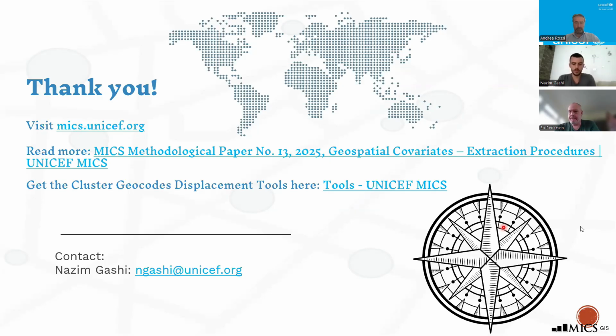Yeah, thank you. So this is work in progress, and I'm very excited that we have reached this date to release this data. But we are immediately continuing to work on the version 2 of Geospatial Covariates, which will come in the following years.